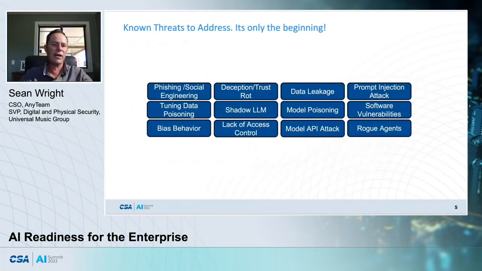With that, we have already seen a lot of new threats that have emerged recently, and it is only the beginning. We have new things coming out every single day. Just saw an article about the WormGPT chatbot, which is like the evil twin for ChatGPT, where you can craft all sorts of malicious things within that environment.